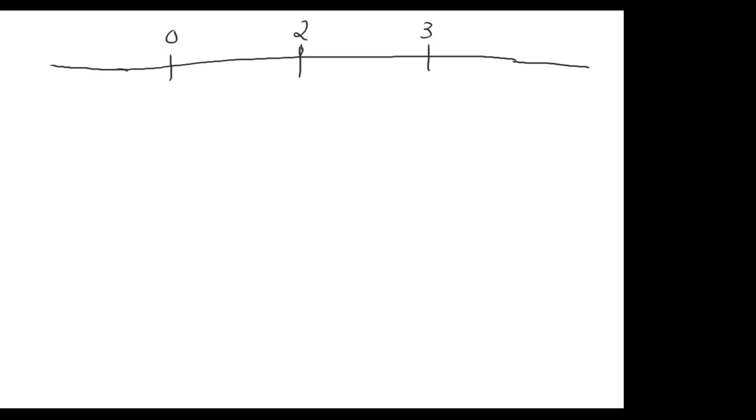Let's put these on a number line. I am actually going to put both my critical points and my points of inflection on there so I can discuss concavity. My critical points are 0 and 3. My possible inflection points are 0 and 2.